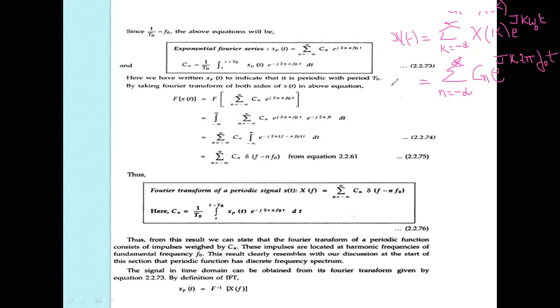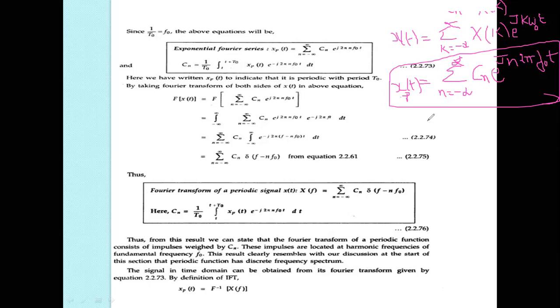Since it is a periodic signal, it is the same thing: the sum of n equal to minus infinity to infinity Cn e power j 2 pi f naught n t. Because it is n, there is no need to write k.